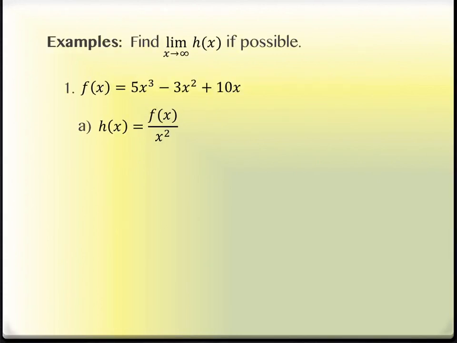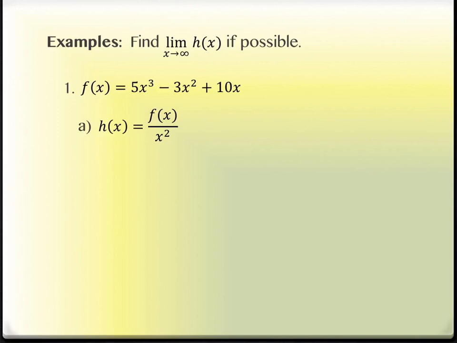All right, so looking at these examples, we're going to go through using that process for the moment, and we'll talk about some of the other things that we have seen in a little bit too, or at least how they're related to what we're seeing now. So now we have h of x equal to this f of x function, which is what we have at the top, 5x cubed minus 3x squared plus 10x over x squared.